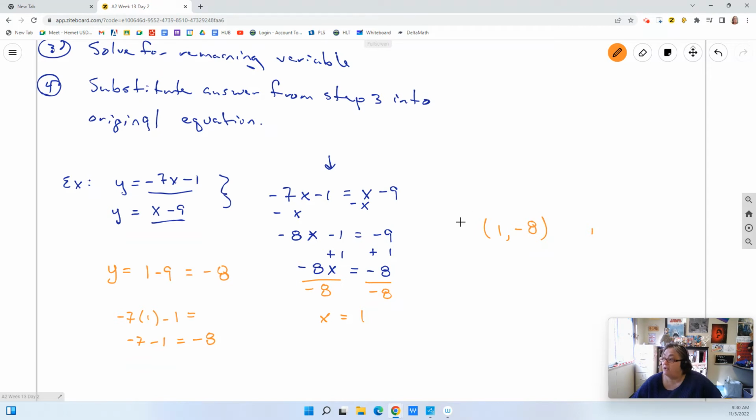And so we know we're right here. If we wanted to go through the process of checking it, we could just plug those in and see if it's true for both. It has to be true for both equations. So that's kind of how it works, but we're not always going to have all of these problems lined up for us.